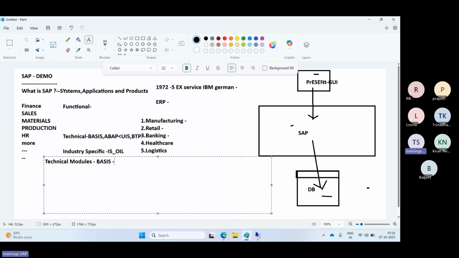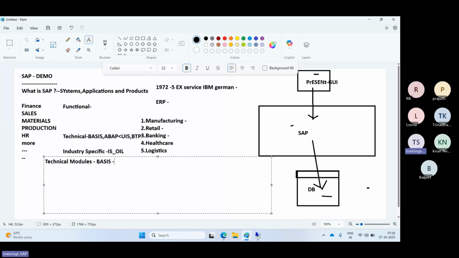ABAP team is also available. They do the development. Then PI, PO, CPI, UI5 developers. Many things come under the picture here. So basis importance is very important here.